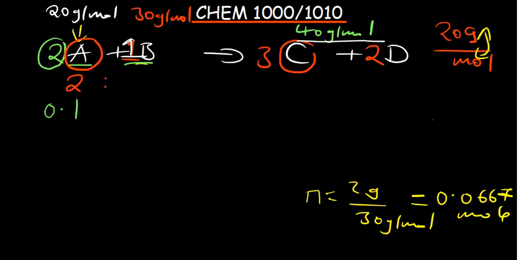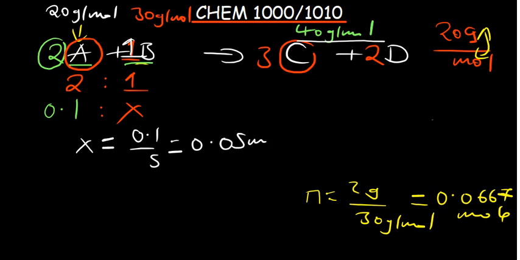So these are in the ratio of 2 to 1. Then we'll put an X there. So our X is going to be 0.1 divided by 5, which is basically 0.05. So these are the number of moles of what? Of B that are going to react, not so?